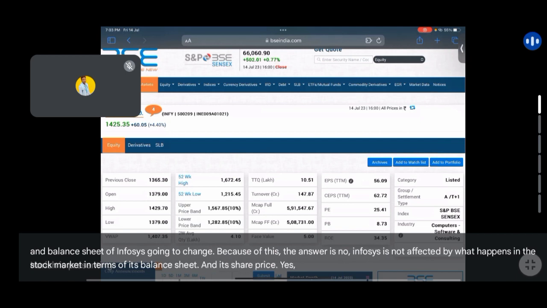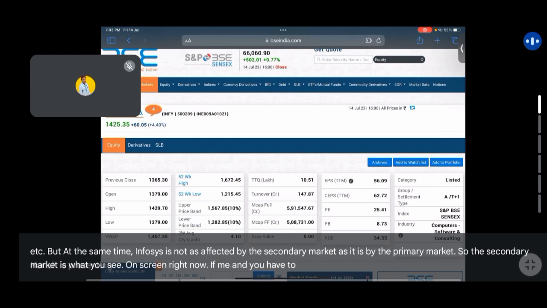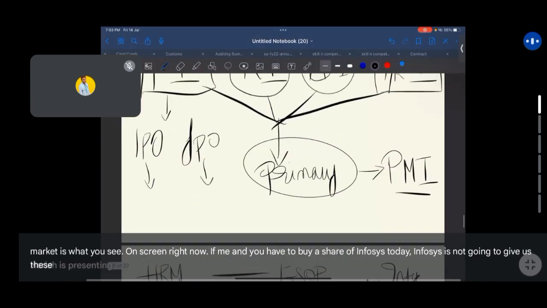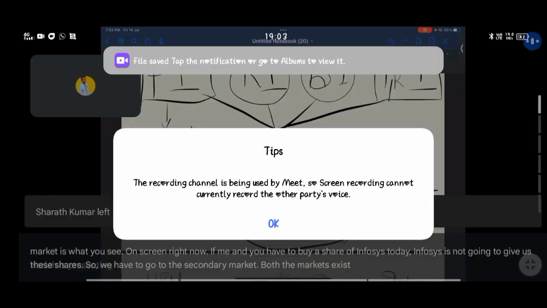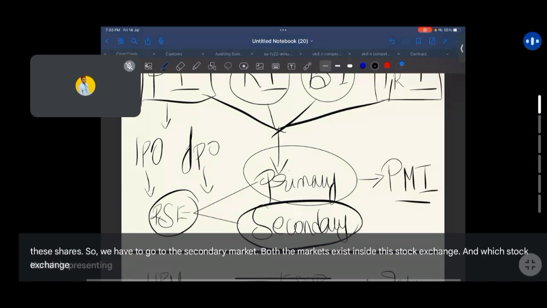Yes, public sentiment is important, goodwill is important, etc. But at the same time, Infosys is not as affected by the secondary market as it is by the primary market. So the secondary market is what you see on screen right now. If you and I have to buy a share of Infosys today, Infosys is not going to give us these shares. So we have to go to a recognized stock exchange.